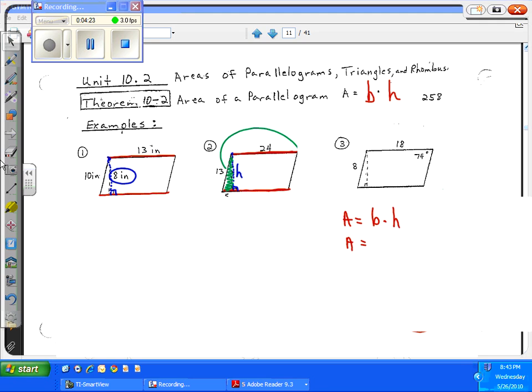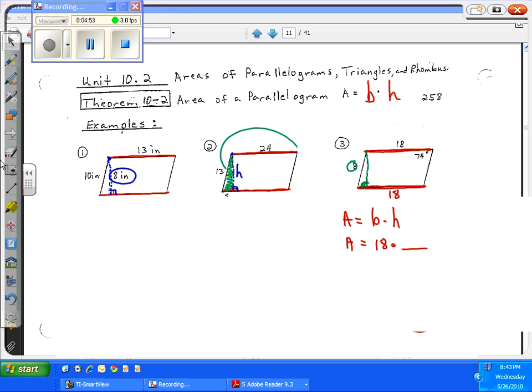So we have area equal base. Opposite sides are equal. So the base is 18 times the height, which we don't know again. It's straight down, 90. We're going to use the little green right triangle, but all we know is one side. We don't know any angles or anything, so that's not enough information to solve with.